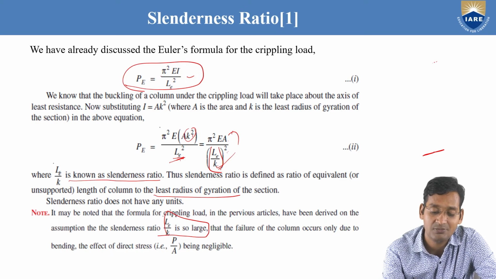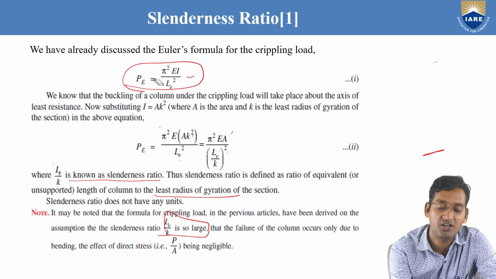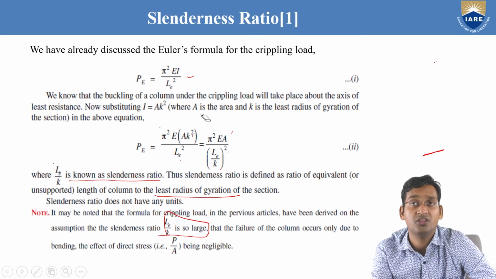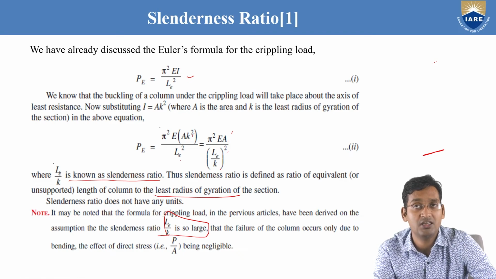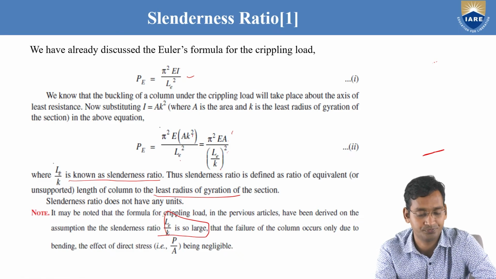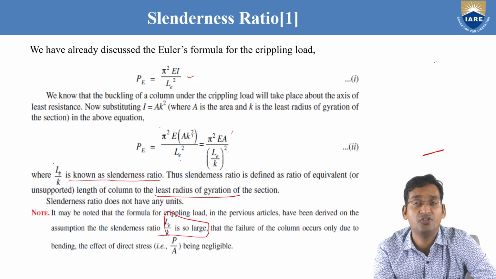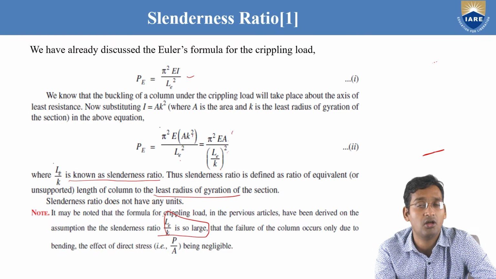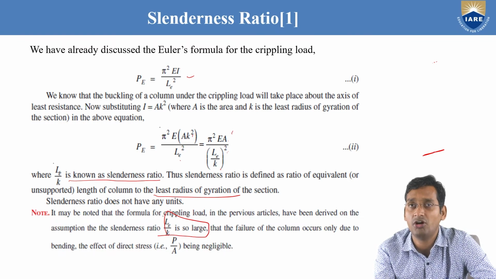And this LE by k is the slenderness ratio, that is, the ratio of effective length to the least radius of gyration. Now if LE by k is very large, then only we can apply Euler's formula. If LE by k is small, then we cannot apply it. Why? Because when LE by k is very large, only then the bending will occur due to the crippling.